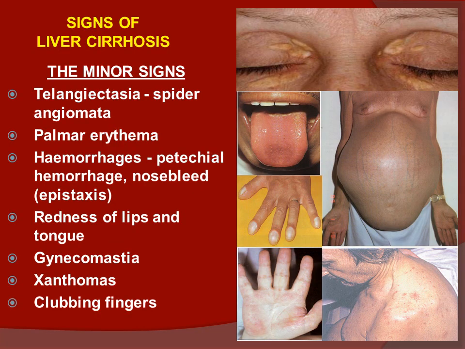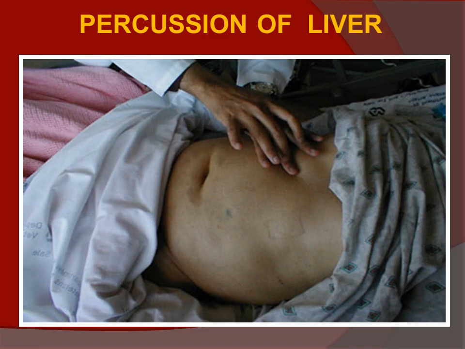By the end of this part of our lecture, I would like to give an example of how to group the signs found on visual examination and make a preliminary decision about the disease. For example, spider angiomata, palmar erythema, hemorrhages, red lips and tongue, gynecomastia, xanthomas, and clubbing of fingers are known as the minor signs of liver cirrhosis.